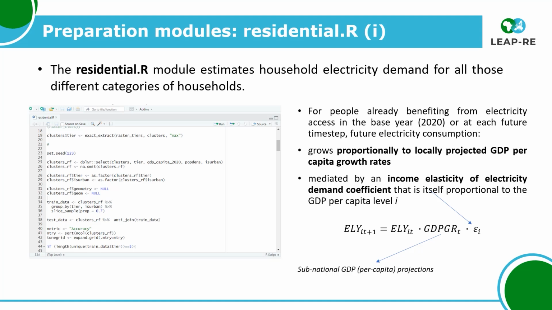So for each percentage change in income level, in GDP per capita level, the electricity demand will respond and grow to another given extent. And this is based on the very local subnational GDP per capita projections that are estimated as shown before in the cluster.